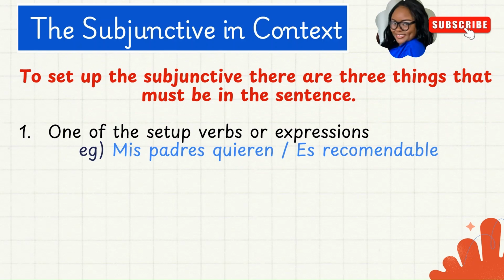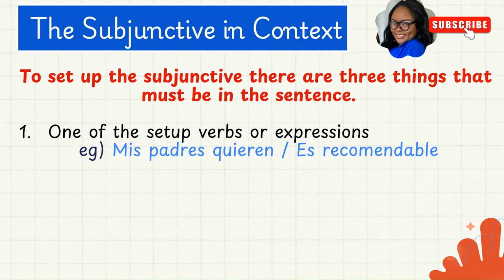So once we see any of the setup verbs, to want, to desire, to recommend, to suggest, to doubt, ojalá, we will know that, oh yes, that's the first thing that would form a subjunctive sentence. So when we're identifying the subjunctive, we can look for this. And when we're ready to use it, we should ensure that we're using one of these functions.